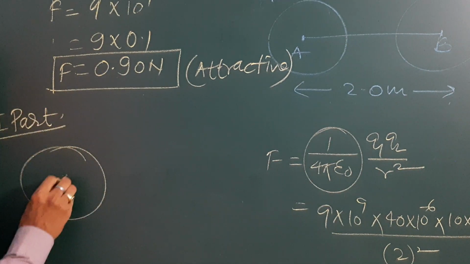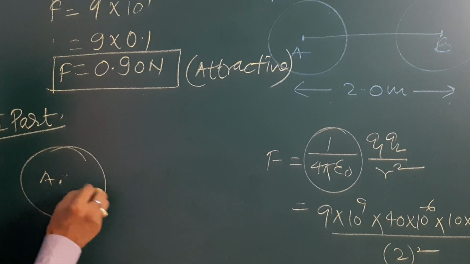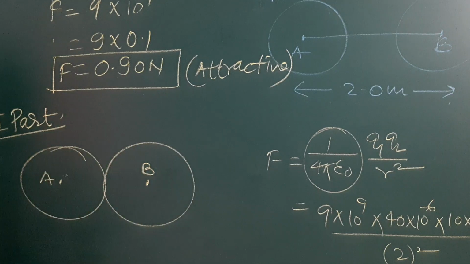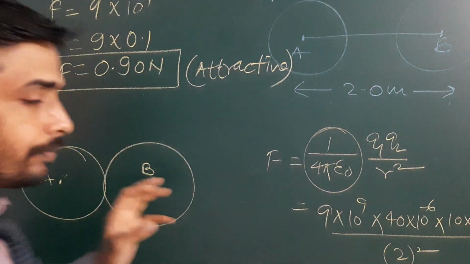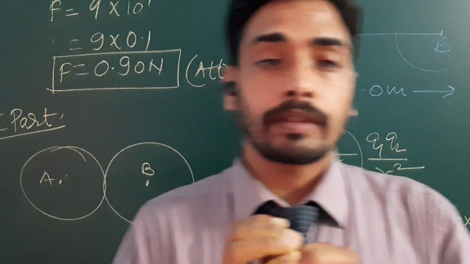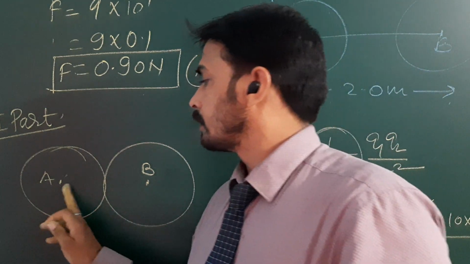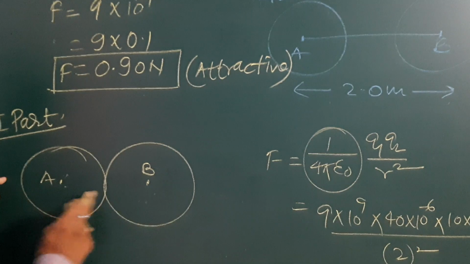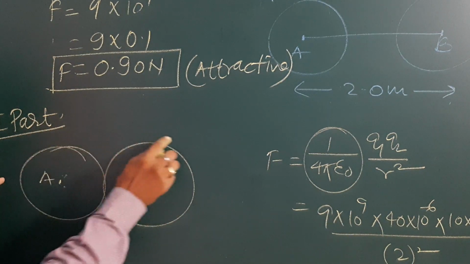They are attached, sphere A and sphere B. They both are attached to each other. As you know, when we join the two spheres, what about the net charge on this combination? It has 40, it has minus 10.